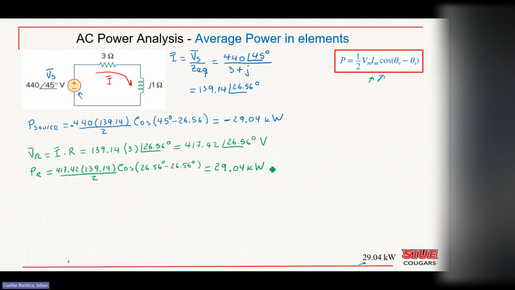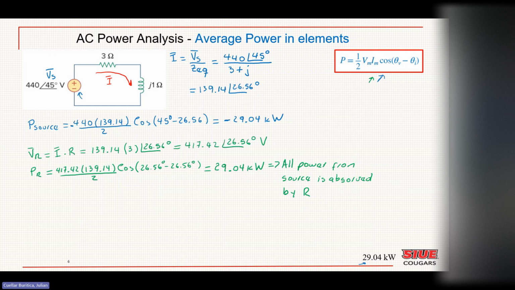And what this means? All power from source is absorbed by the resistor. Okay?